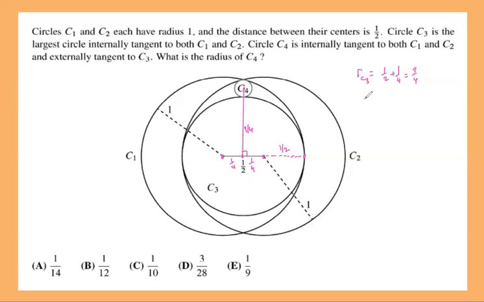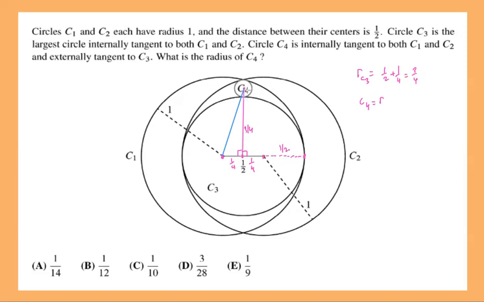I'm going to call the radius of C4 just R. Pythagorean is one of the best friends, I guess. So if you connect this center to this center, I get a right triangle, but I don't really know this segment. If I know this segment in terms of R, then I could get something nicer.